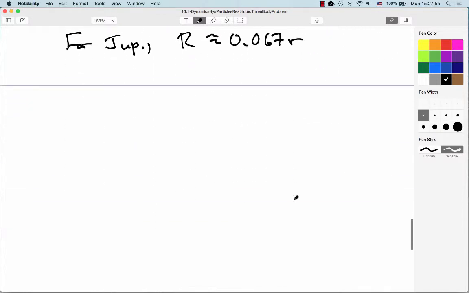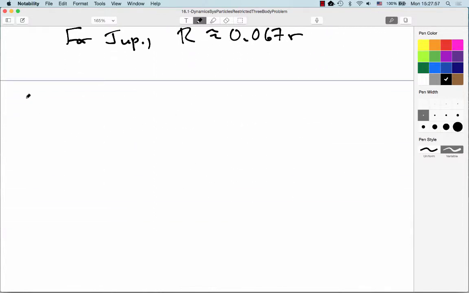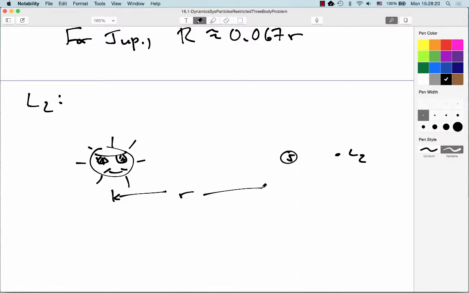All right, so we can repeat the analysis for point L2. So Sun, Jupiter, then here's L2 hanging out over there. So this will be r, that will be big R, like so.